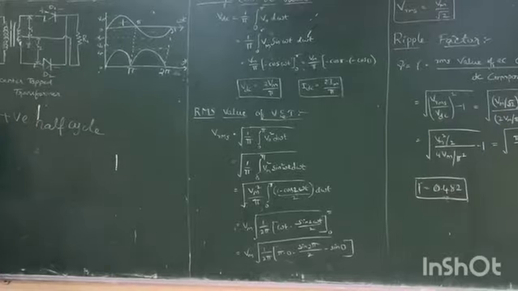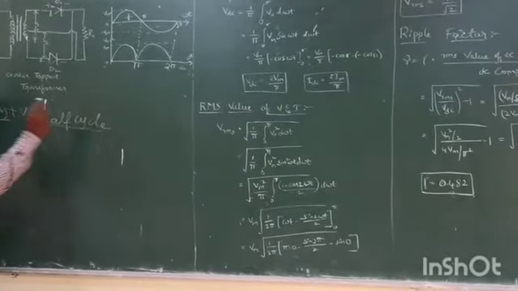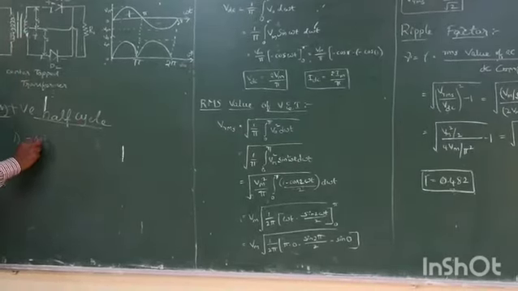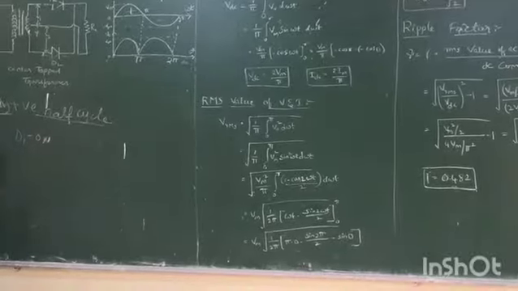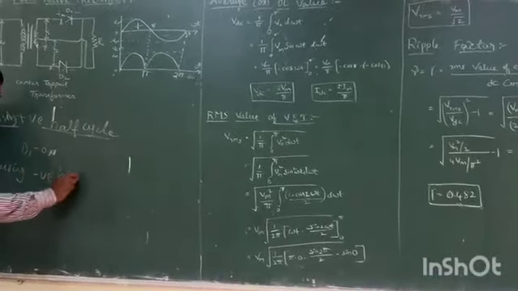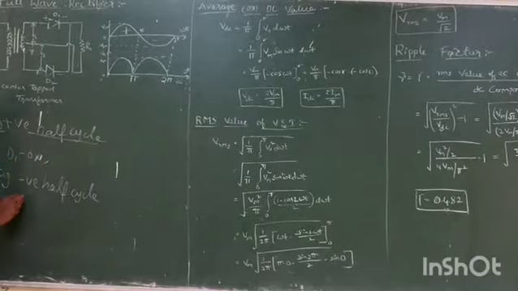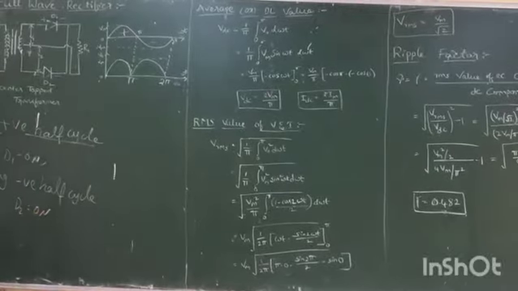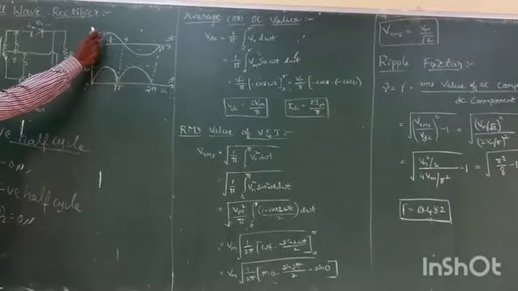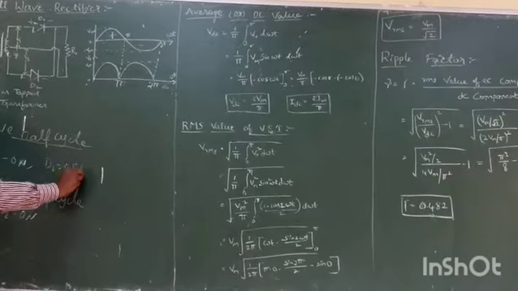So during the positive half cycle, D1 will be on, and D2 will be off.